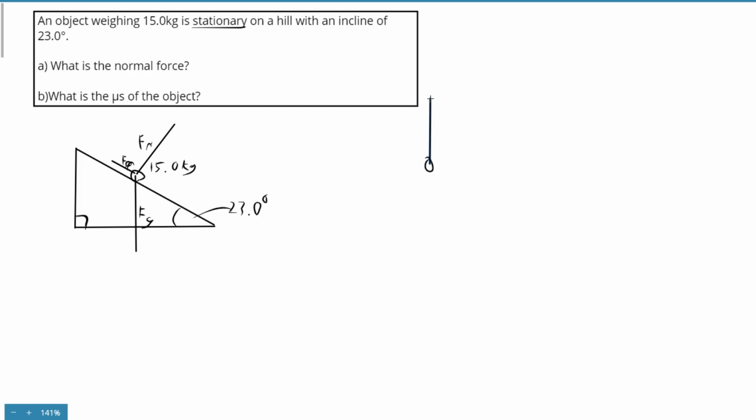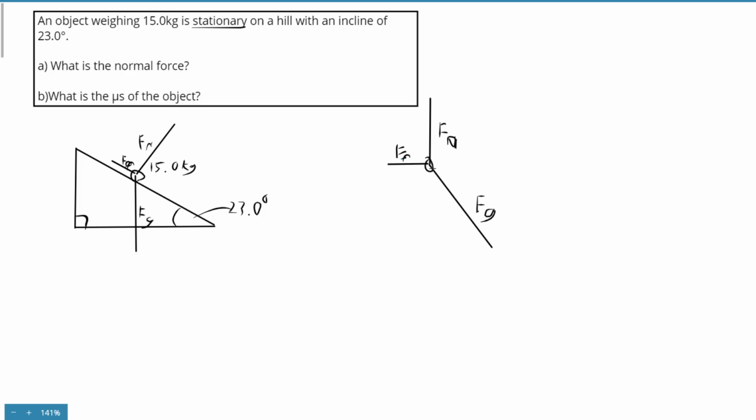Let's imagine this is flat, so Fn is straight up, then that means gravity, or weight, would be off diagonal a little bit. So now, to make this easier to see, we need to split weight into its components.